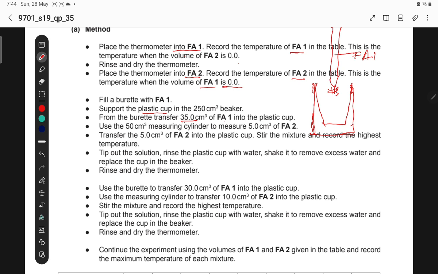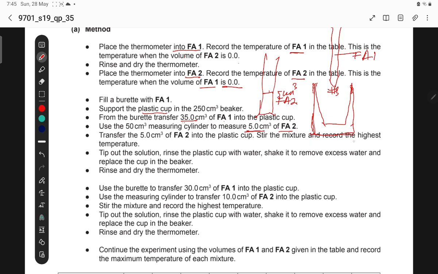Use the 50 centimeter cube measuring cylinder to measure 5 centimeter cube of FA2. This is the measuring cylinder. We measure 5 centimeter cube of FA2. Transfer the 5 centimeter cube of FA2 into the plastic cup.